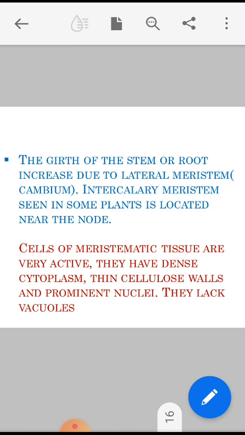Now the cells of meristematic tissues are very active. Now I am talking about the characteristics of the meristematic tissues. उसके कैरेक्टरिस्टिक्स क्या है? So they are very active, they have dense cytoplasm. You have learned about the plant cell and the animal cell. We have also discussed the onion cells.